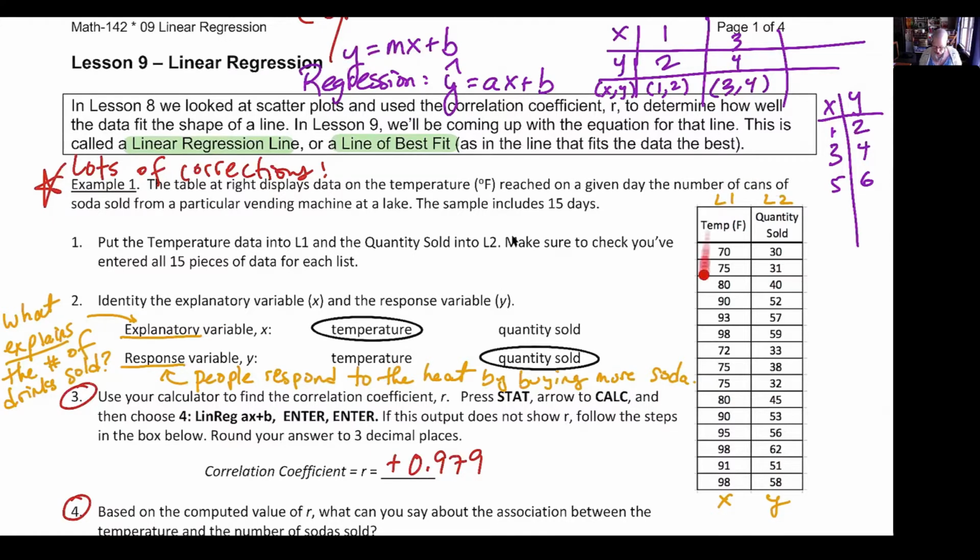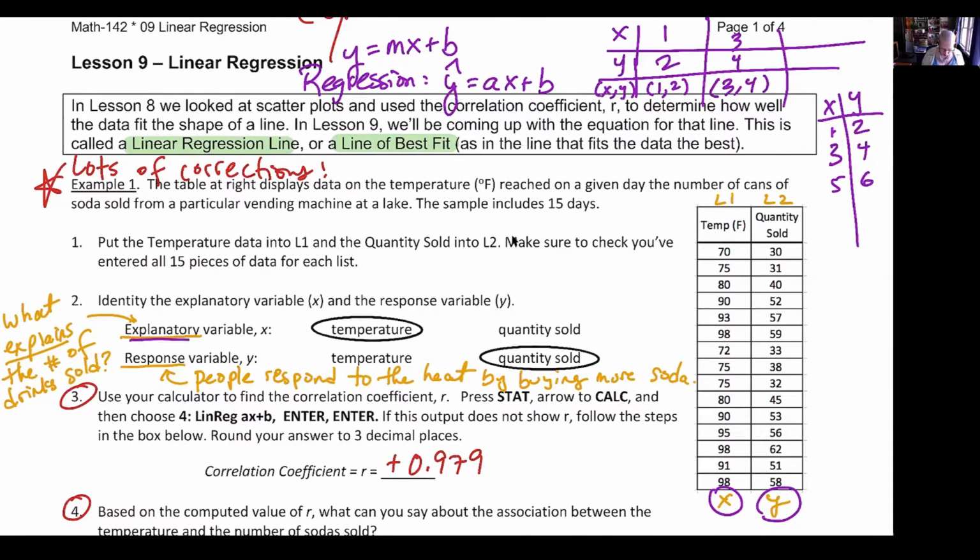The same is true with the order we put these in. The first thing in the column is always the x. The second thing is always the y, because the temperature is what is determining how many drinks are sold. The explanatory variable then is the x. The x always comes first and the y always comes second.